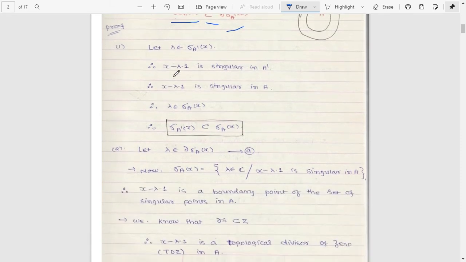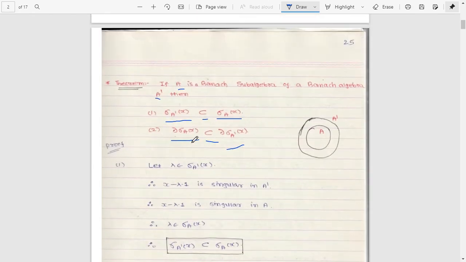Proof: Let lambda belong to sigma A dash of x. So x minus lambda into 1 is singular in A dash. So x minus lambda into 1 is singular in A because A is a subset of A dash. So lambda belongs to sigma A of x.